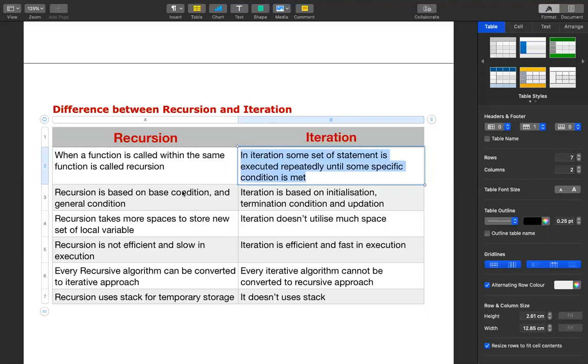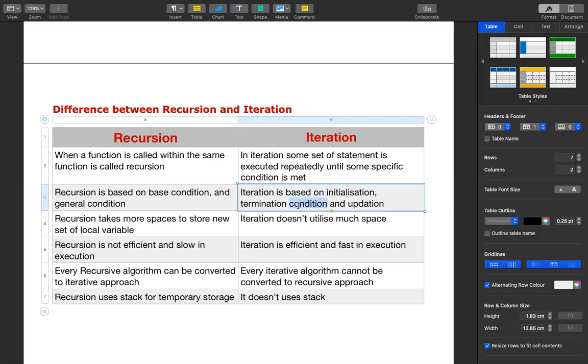Next, as you know, recursion consists of two cases. One is a base case, which is your direct answer, and one is a general case, a general condition where you need to divide the problem into a sub problem or a smaller instance. So basically, recursion works based on these two cases. Whereas iteration is nothing but a loop, and it has the following things. Initialization, that means from which value the loop has to begin.